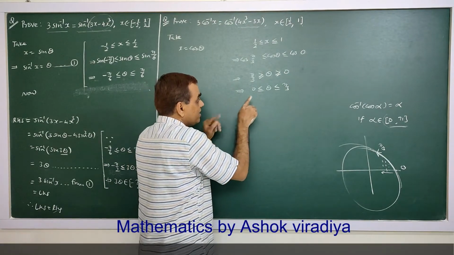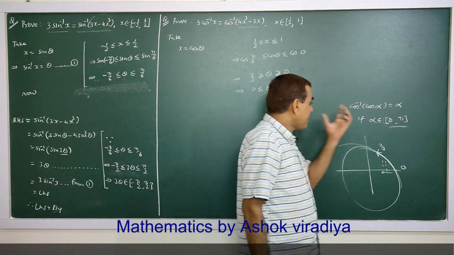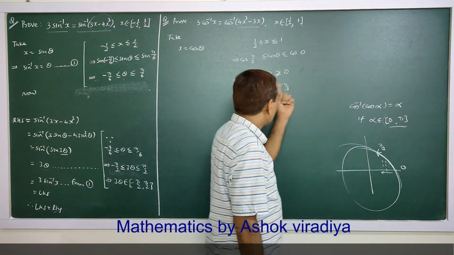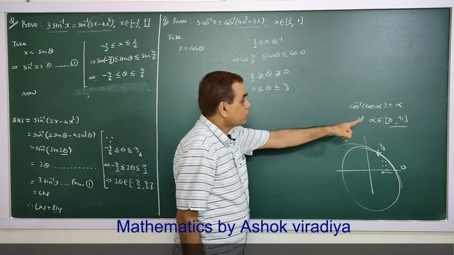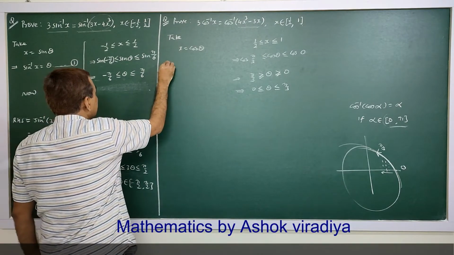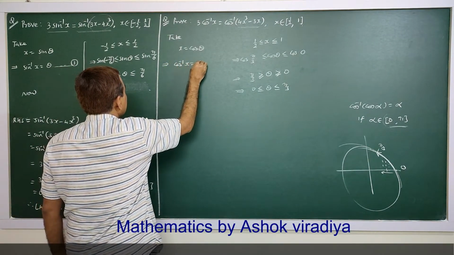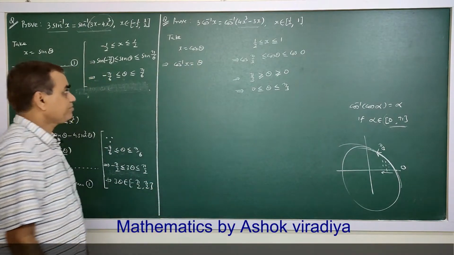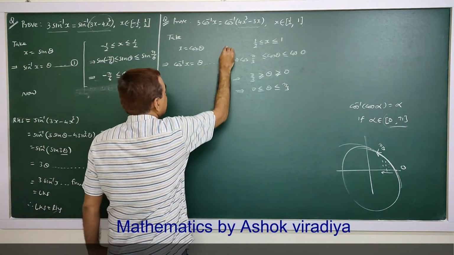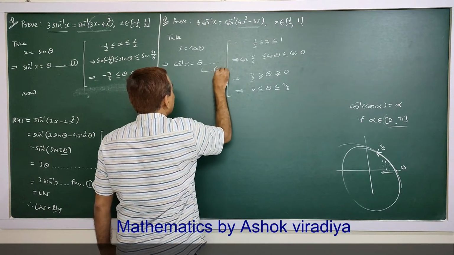So theta is in 0 to pi by 3, and 0 to pi by 3 is a subset of 0 to pi. So theta belongs to the domain of cosine. So after this step, we can put cos inverse x equal to theta. The reason for this step is explained here, and we say this is 1.